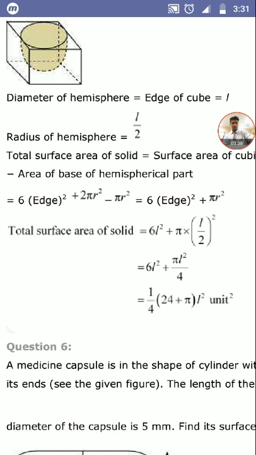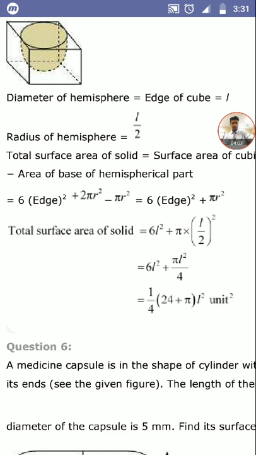It's just that now the top portion will not be included. Okay, so 6s square plus pi r square. Pi r square, why? Because 2 pi r square minus pi r square will give you the required curved surface area for the hemisphere. Okay, so the answer will be in terms of L, so you don't have to worry. If they would have given a number, you would have used a number. Okay, but for L it's only L square.